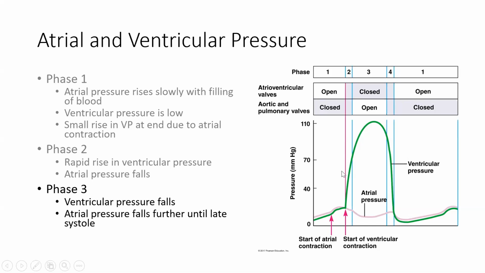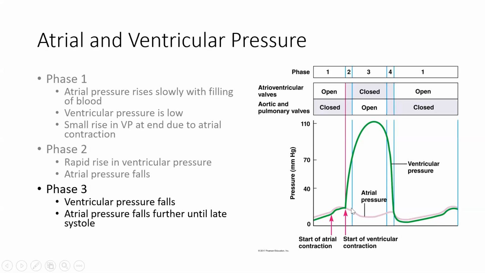So that pressure is rising rapidly in order to create that pressure gradient. During phase three, we now have ventricular pressure falling as the blood leaves the ventricle and moves out into the artery. And then the atrial pressure will further fall until the end of systole.